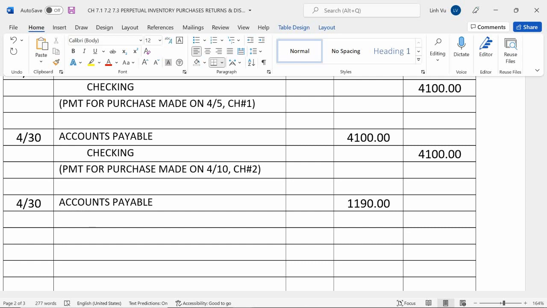So where is my discount going to go? You would need to credit the $59.50 for the discount. And what would that be? Purchase discount?